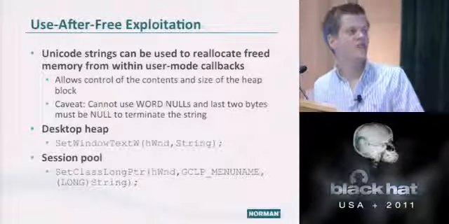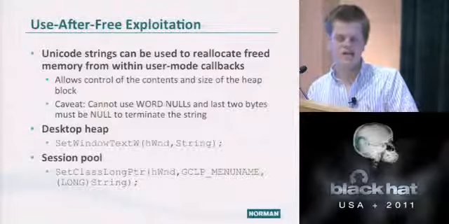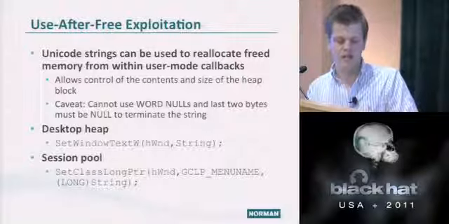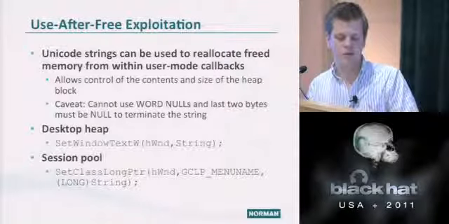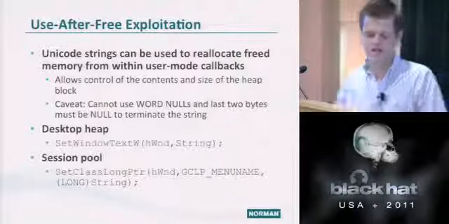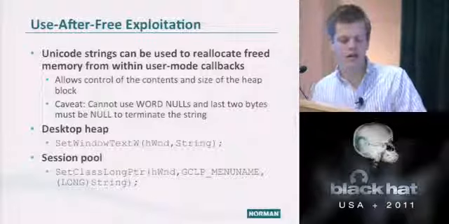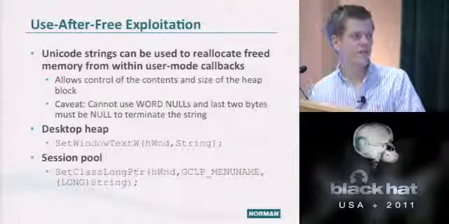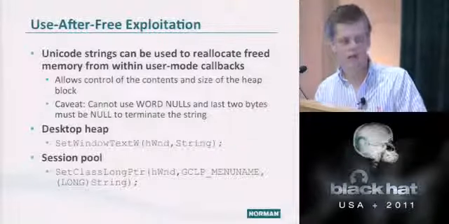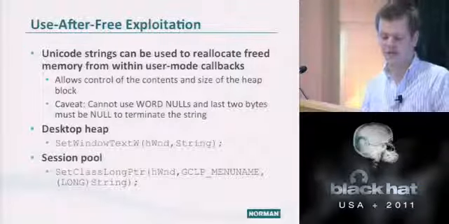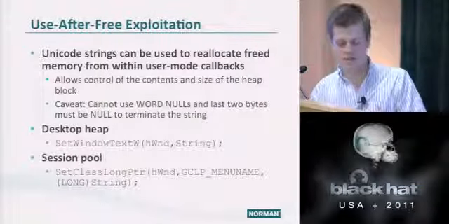For the desktop heap, you can use SetWindowText to set the text of a window. On the session pool, you can use SetClassLongPtr, and these are really the 2 you need to worry about. The shared heap is not much used.